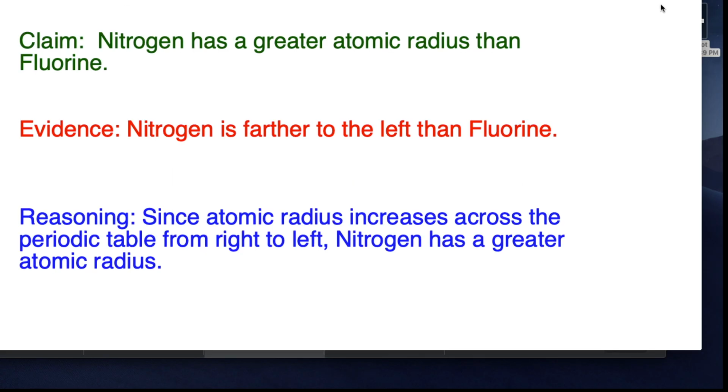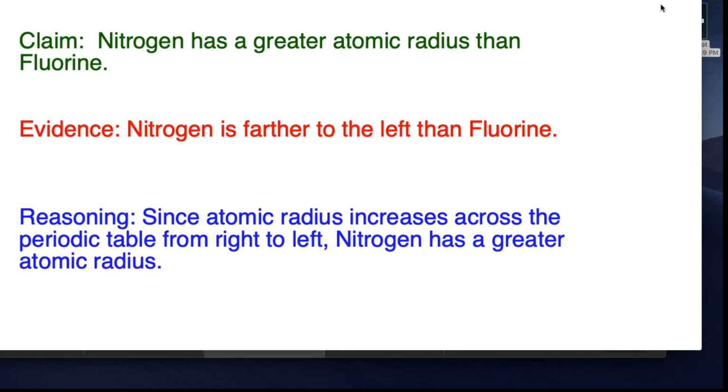For example, the claim is that nitrogen has a greater atomic radius than fluorine. The evidence, nitrogen is farther to the left. The reasoning, since atomic radius increases across the periodic table from right to left, which is true, nitrogen has a greater atomic radius.